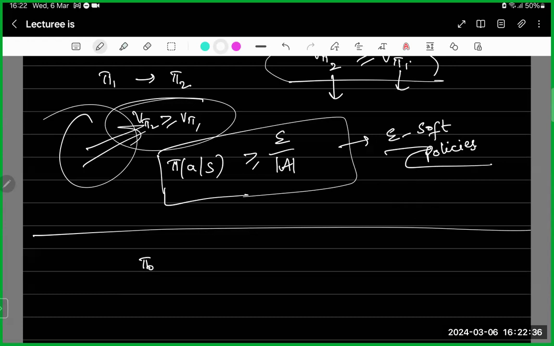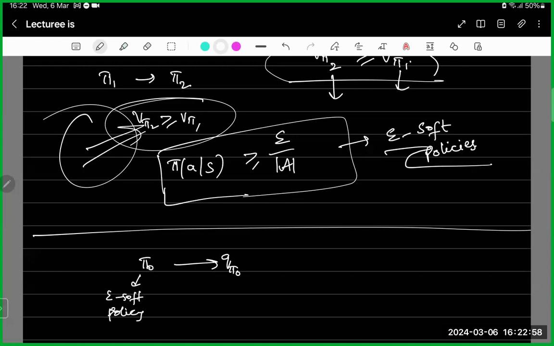So maybe you can take pi naught to be some uniform random policy, which takes every action with equal probability in every state. And then you evaluate q pi naught.